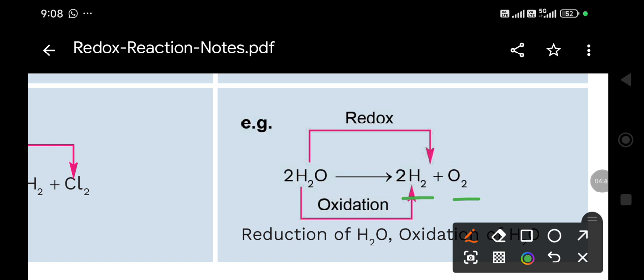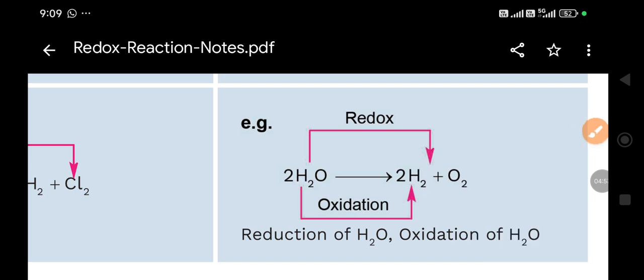How? Oxygen is lost from water, so this is oxidation of H2O. H2 is lost from the water, so this is reduction of H2O. Oxidation as well as reduction both take place in H2O.